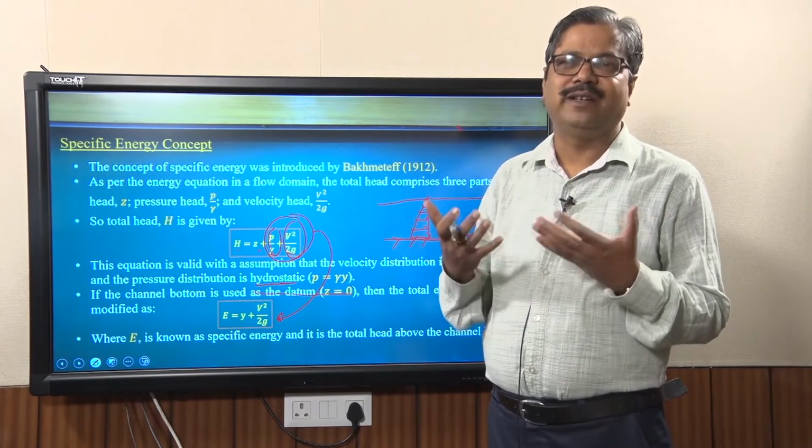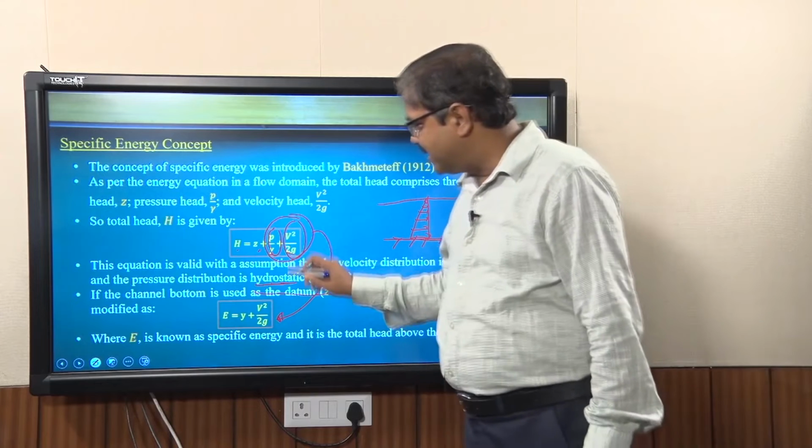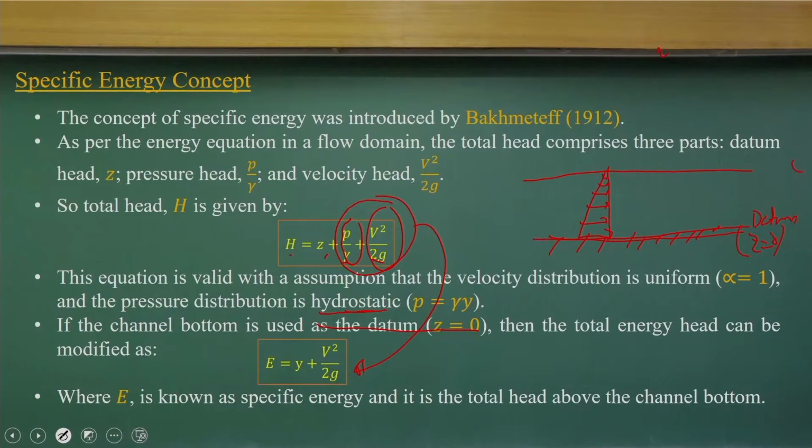That energy we call the specific energy. It is a simplified version with these assumptions. So the specific energy E is a function of the flow depth y and the velocity v: E equals y plus v square by 2g.